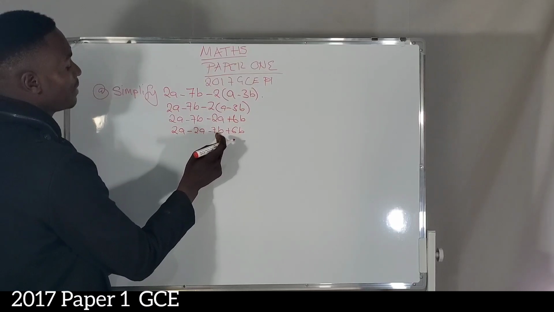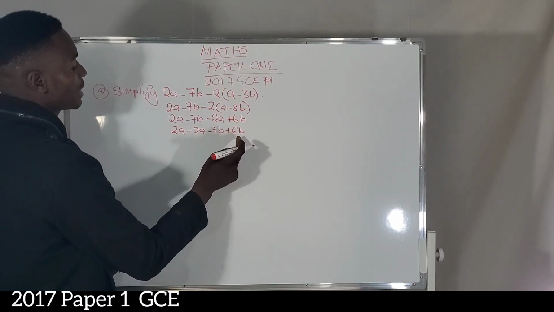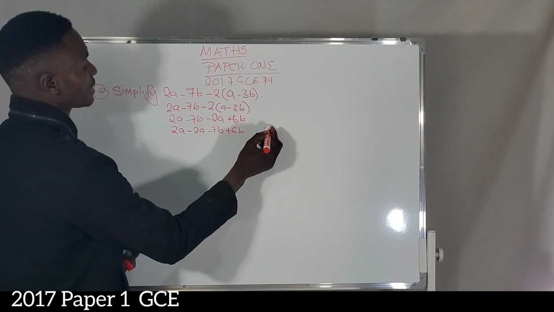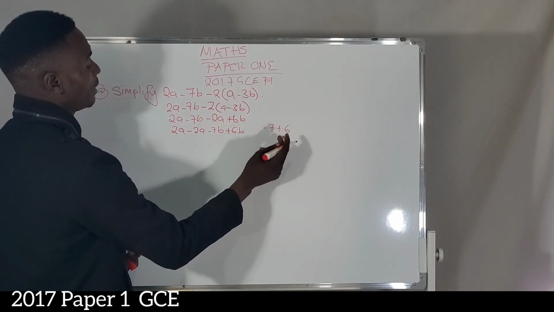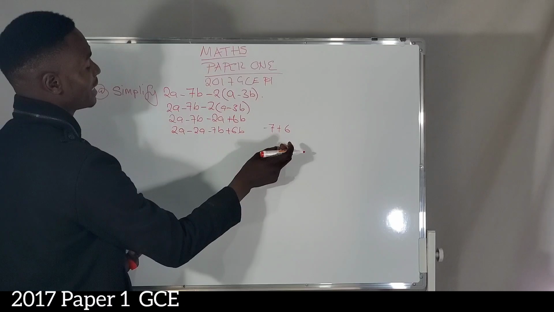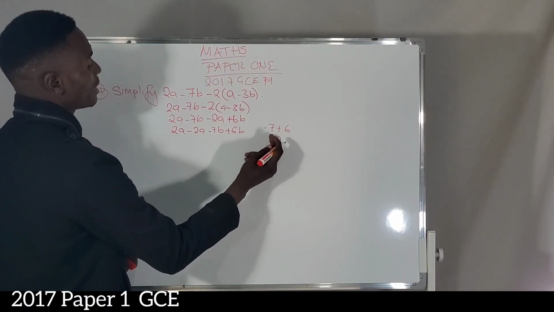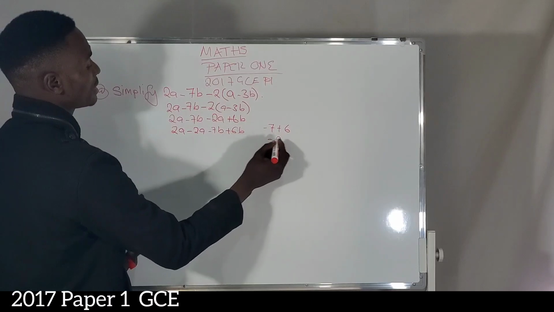Then -7b plus 6b. What you just need to know here is that when you have two numbers with different signs, like here, just subtract, then get the sign from the bigger number. When you subtract 7 minus 6, it will be 1. The sign from the bigger number, which is what? Negative.